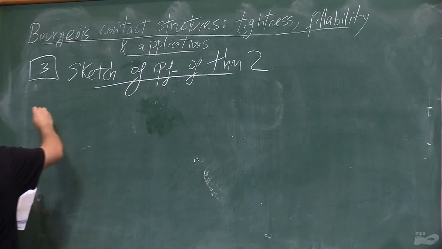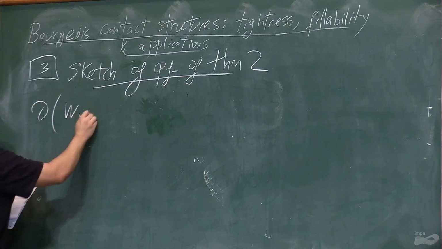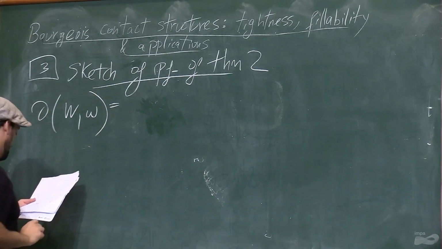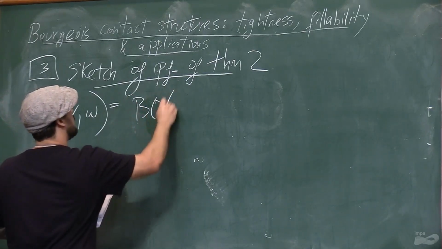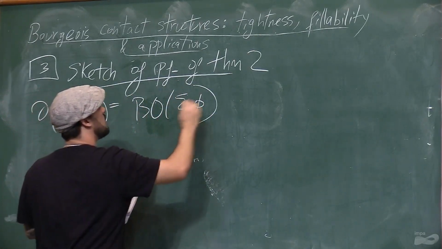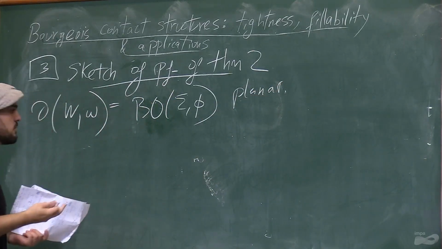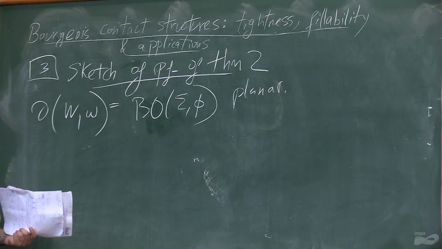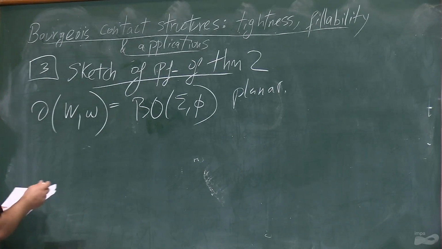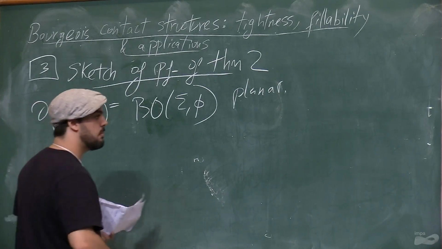So we start with some strong filling of my Bourgeois manifold, where this is planar. And now I'm going to try to mimic the proof in dimension 3 and see what happens, basically. So I'm going to draw a picture.